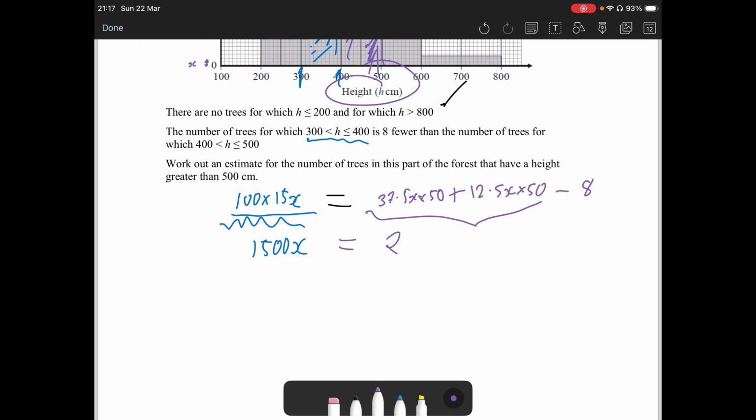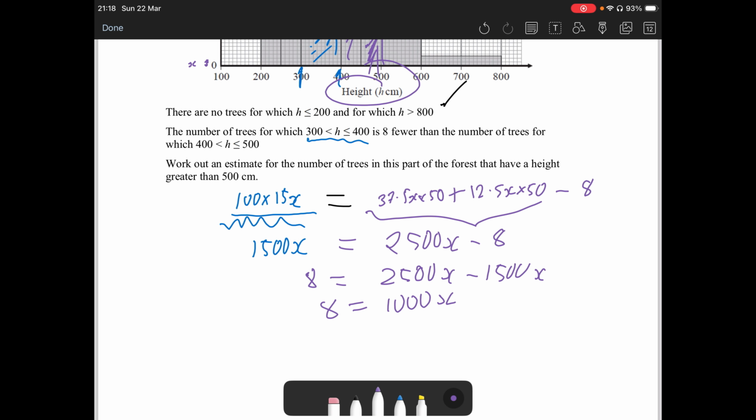That's 2500x. Take away 8. Okay, so move the 8 to the left, bring your 1500 to the right. So 8 equals 1000x. So, wow, these are some nasty numbers.